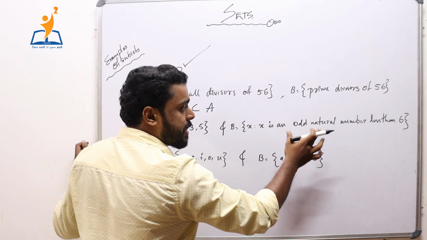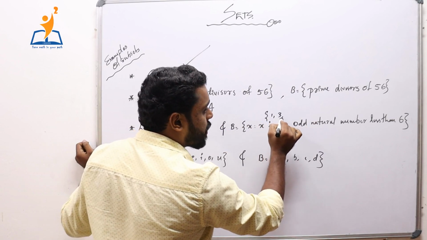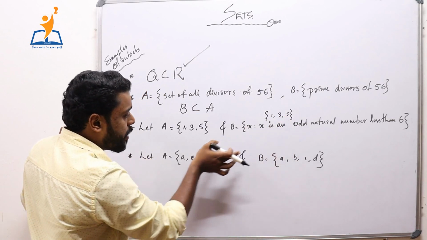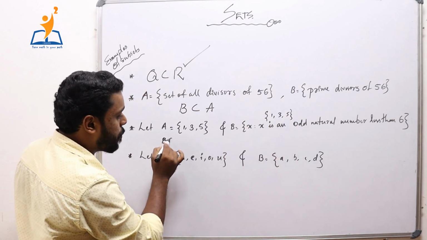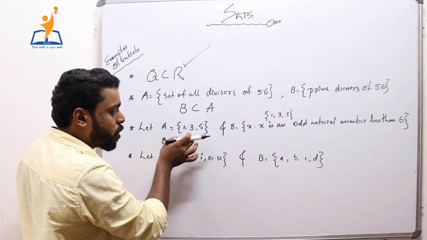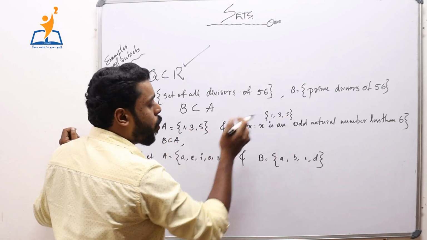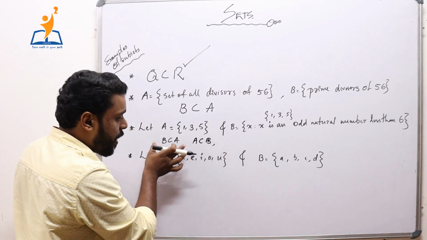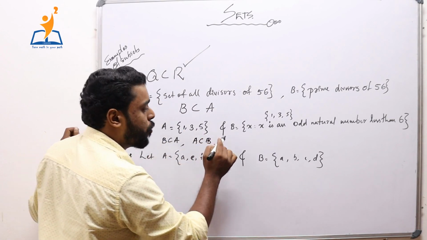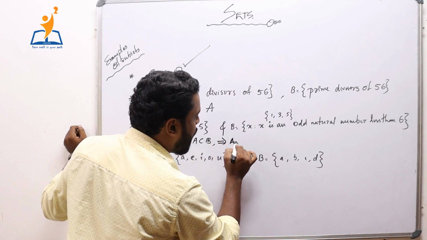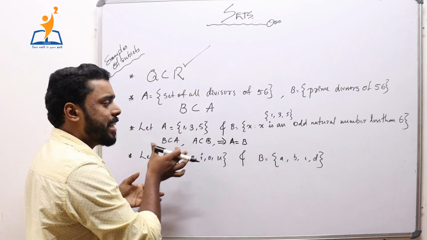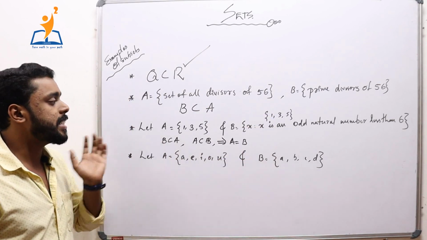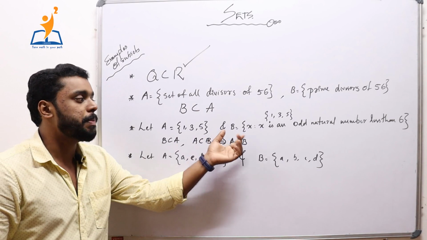So we can say that B is a subset of A. And also note that every element of A is also in B. So we can say that A is a subset of B. Hence, whenever B is a subset of A and A is a subset of B, we can easily say that A is equal to B. And it is easily observable that A and B are the same, right? So this is the third example of the concept of subset.